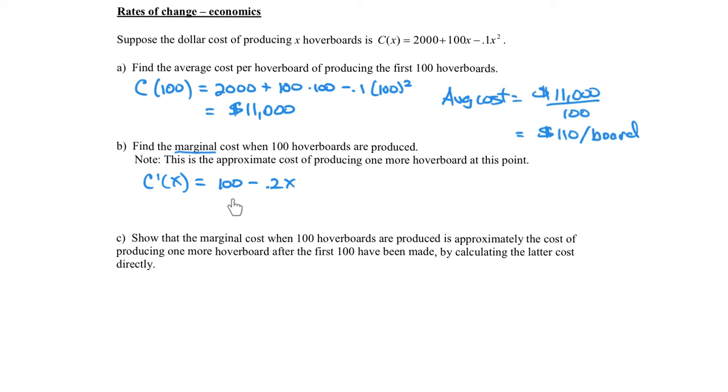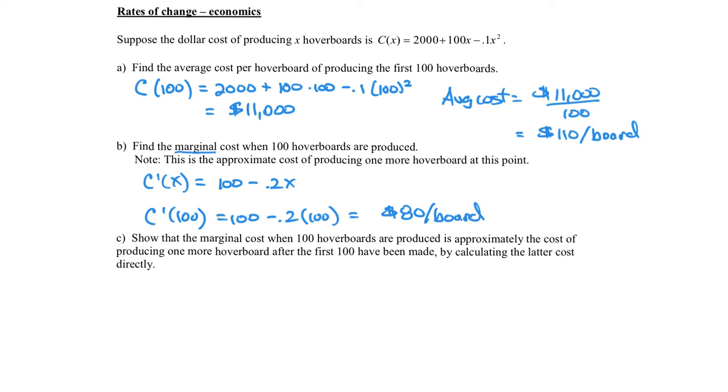So we've got our marginal cost function, and then to find it when 100 hoverboards are produced, we just have to plug in 100 here. So C prime of 100, the marginal cost at that point when 100 hoverboards have been produced, will be 100 minus 0.2 times 100, which gives us $80 per hoverboard.